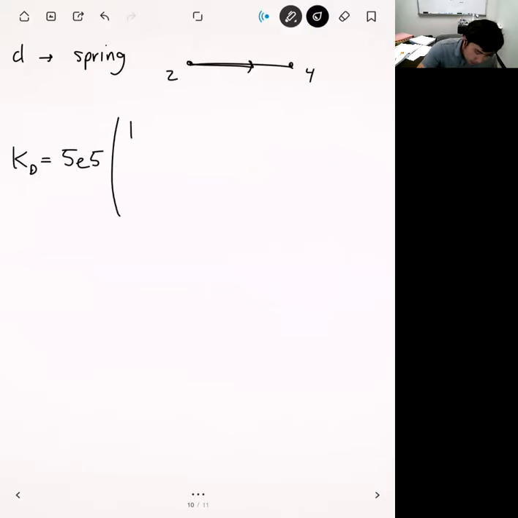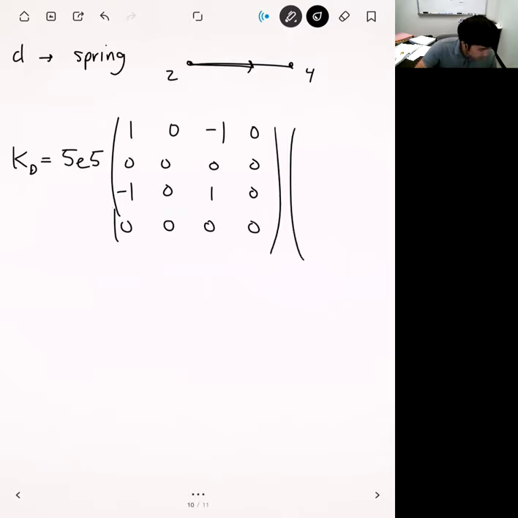And so the full element stiffness matrix would be 1, 0, minus 1, 0, 0, 0, 0, 0, minus 1, 0, 1, 0, 0, 0, 0, 0. Okay. And since this acts on nodes 2 and 4, then we have those degrees of freedom right there.